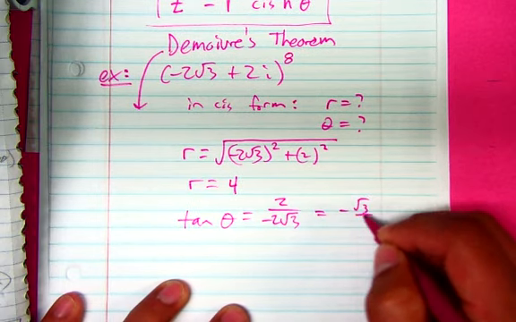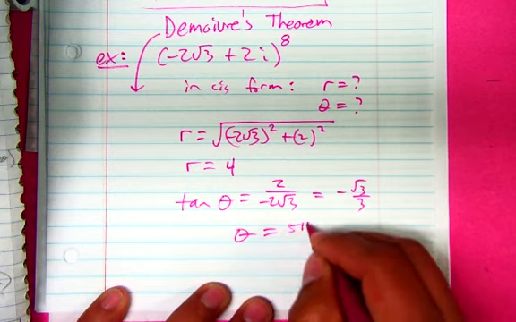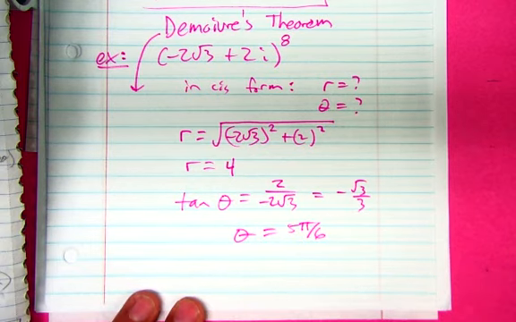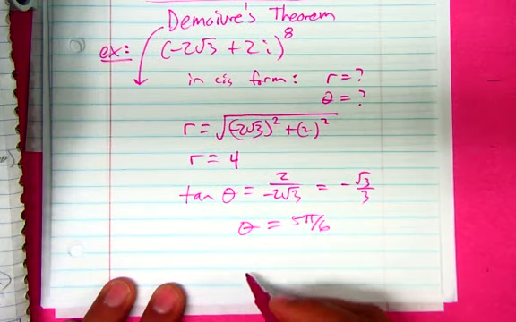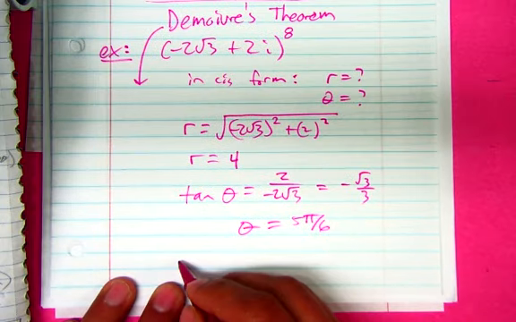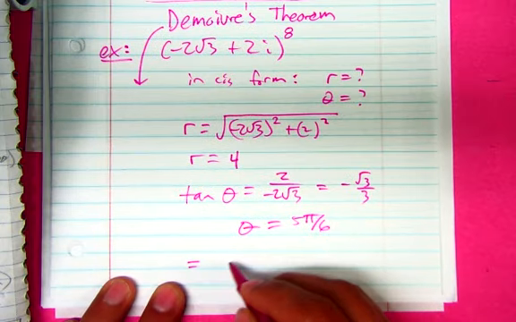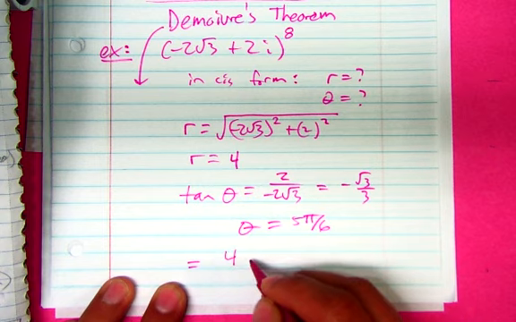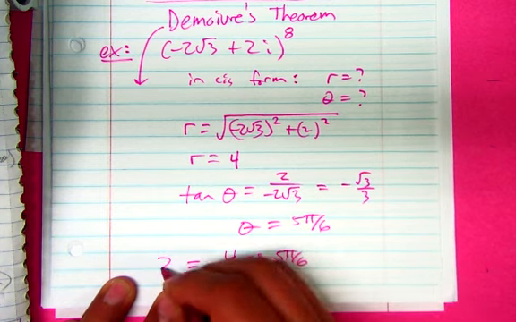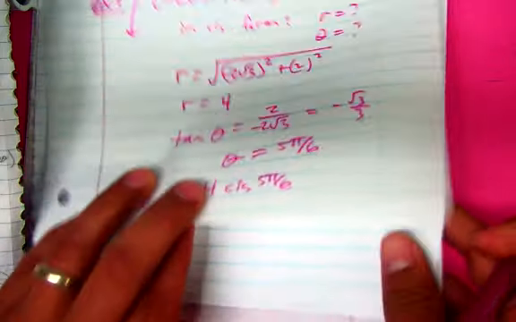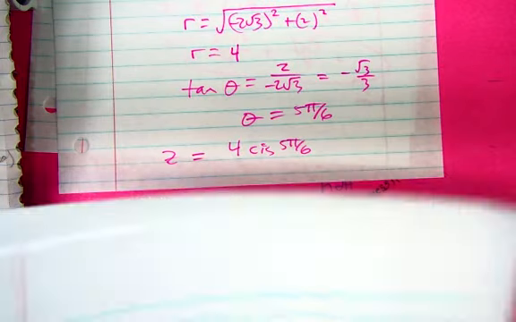It was 150, so 5 pi over 6. The hard part is done. We figured out the radius and the angle. In cis form, this number is 4 cis 5 pi over 6. So currently z is 4 times cis 5 pi over 6.